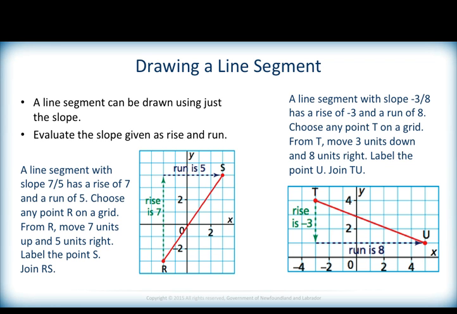Since the slope is negative, you're going to move 3 units down and 8 units right. Wherever you decide to stop, you will label that point U and join the points TU to create the resulting line with a slope of -3/8. So what you have to look at here, a positive slope, you will move up. A negative slope, you will move down on your rise.